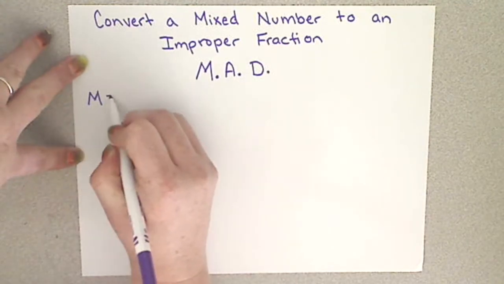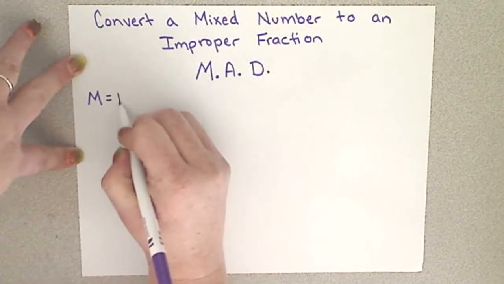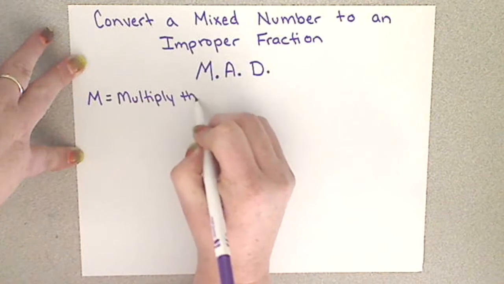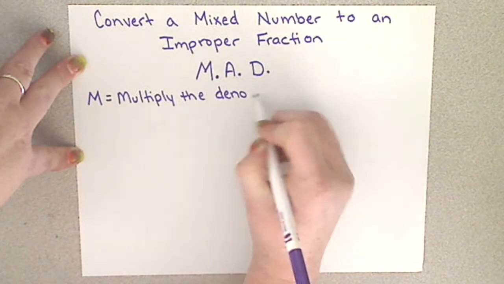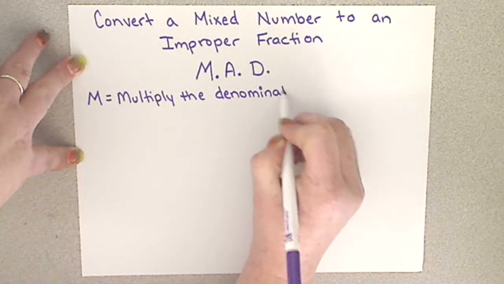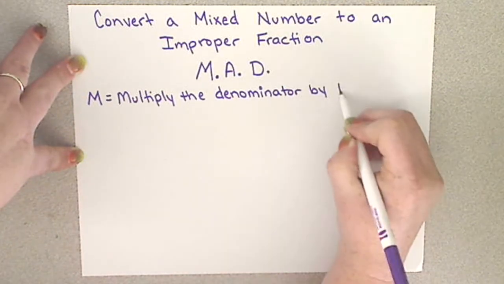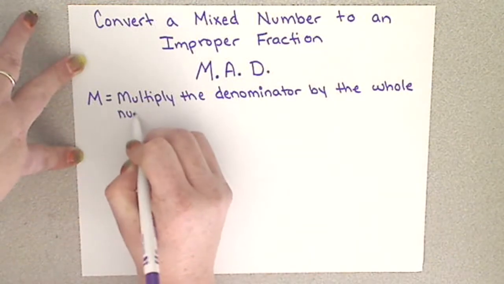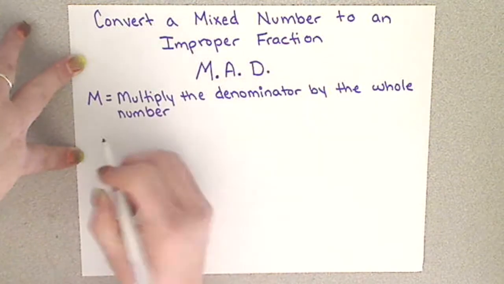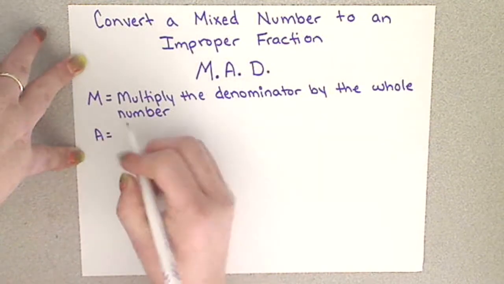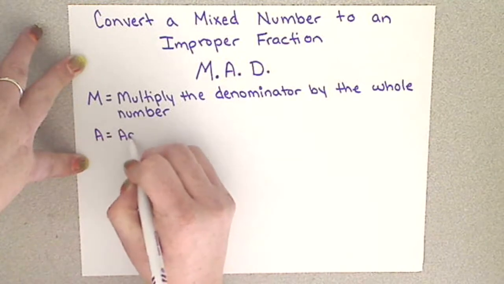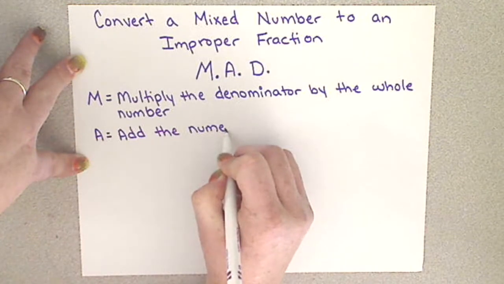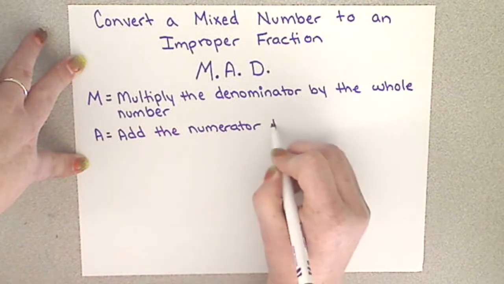M stands for multiply the denominator by the whole number. The A means to add the numerator to the product.